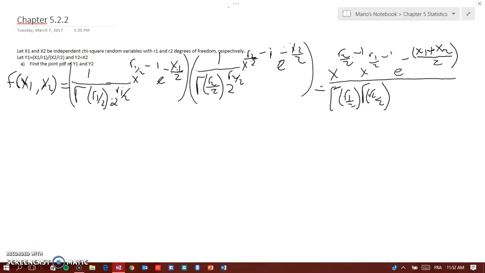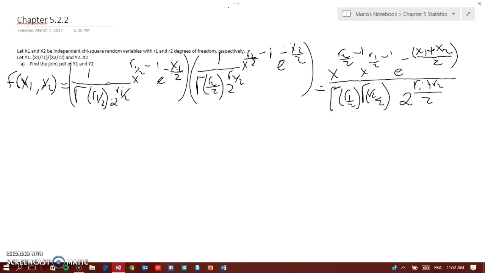Almost forgot, that's going to be 2 to the R1 plus R2 over 2 also. So this is how the PDF of x1, x2 would look. Like I said, it's going to be really ugly, so you should expect some ugliness right here.